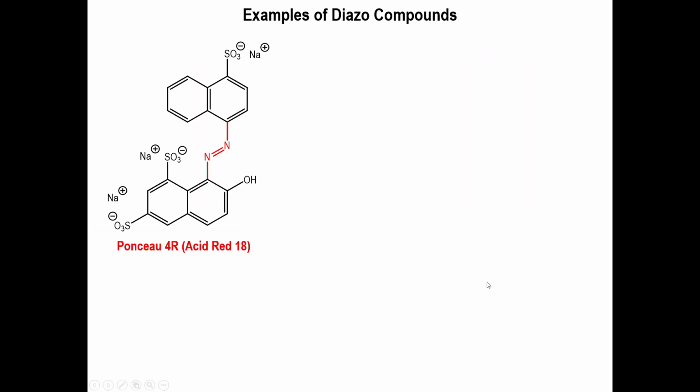So what you find out in real life is that many derivatives of these compounds, these diazo compounds, and I'm highlighting in red the diazo component, like this one right here, are actually food dyes that we have in many food items.